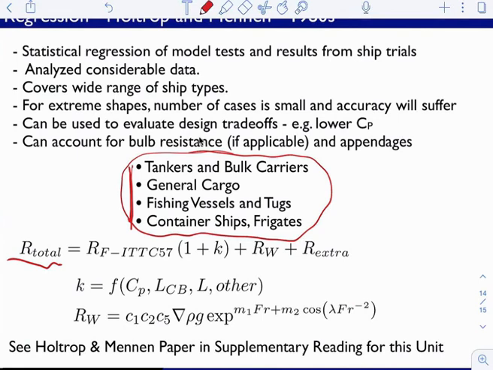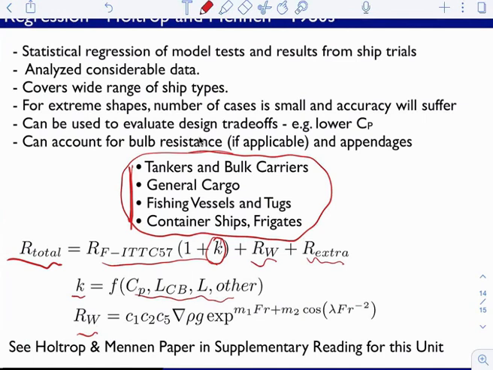What the regression gives you is two things, essentially. One is you're reconstructing the total resistance using your ITTC57 formulation, which requires the form factor, the wave drag RW, and some extra resistance. This could be air resistance, appendages, etc. What Holtrop and Menon gives you at a minimum is K, the form factor, as a function of these coefficients of form. And it gives you the wave drag as a function of these as well.